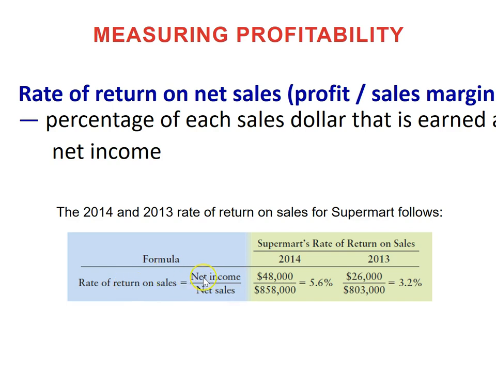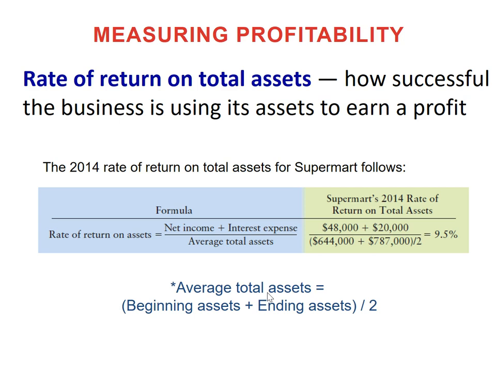Return usually implies net income, and the bottom part is your sales. If you plug in the numbers, you see that in 13 it was 3.2 and in 14 it's 5.6. So your return on sales increased from 13 to 14.